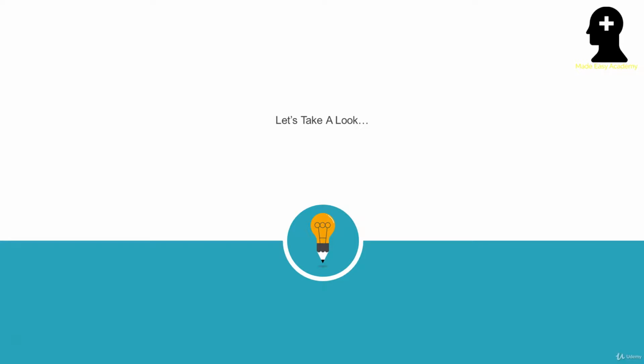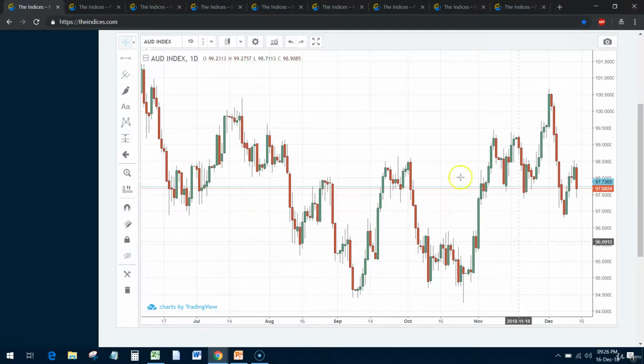Okay, so let's take a look at what the website is and how you trade using Forex indices. So I'm now at theindices.com, and I have a few steps given out for your convenience. So over here I have the Australian dollar index opened, the daily chart.